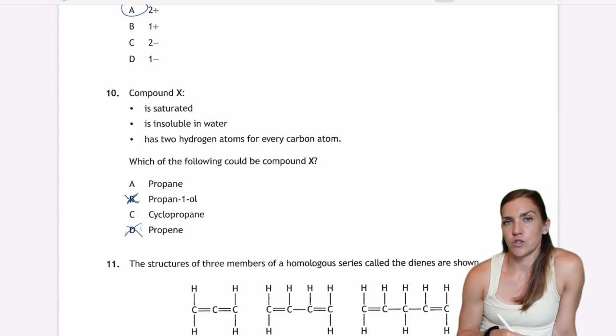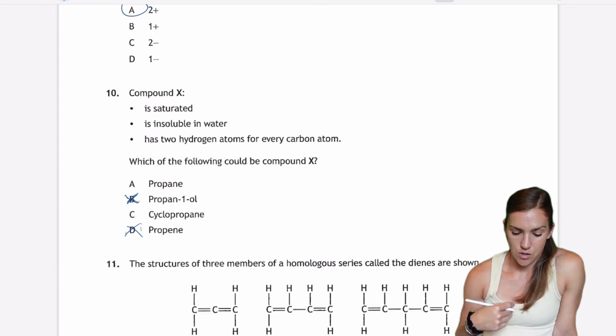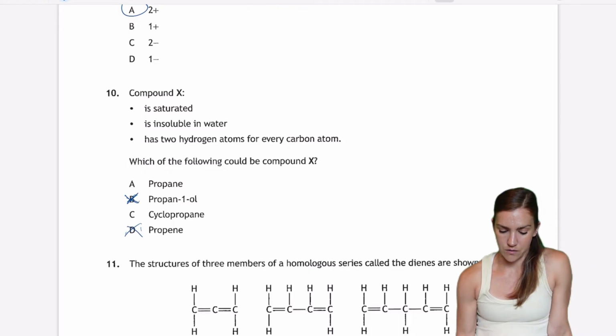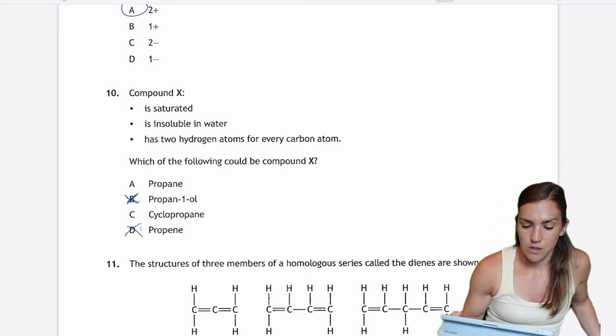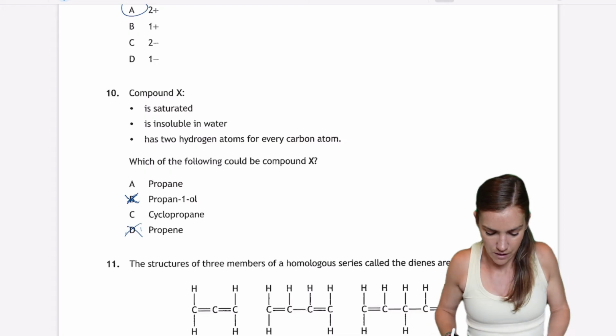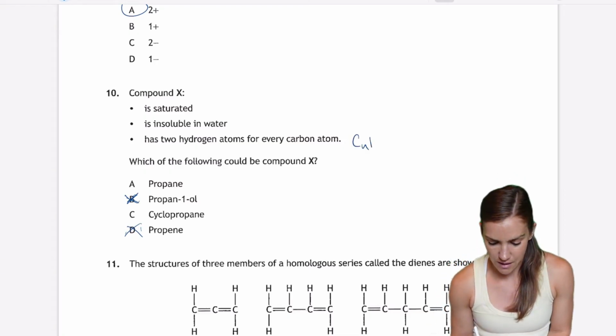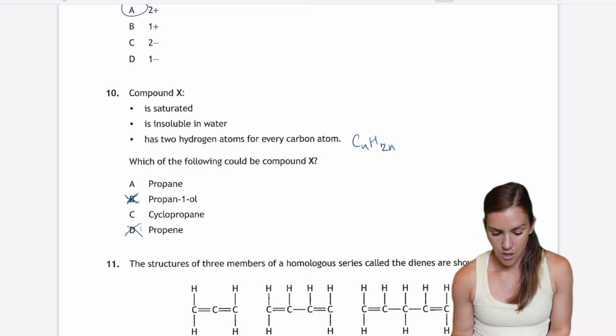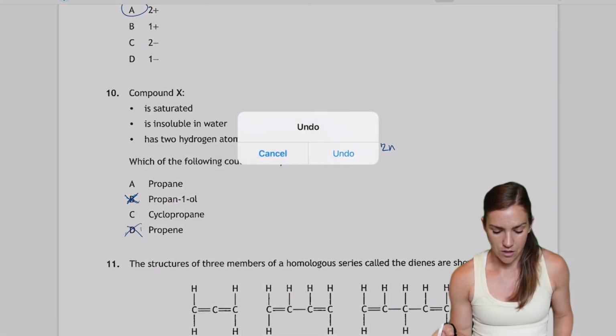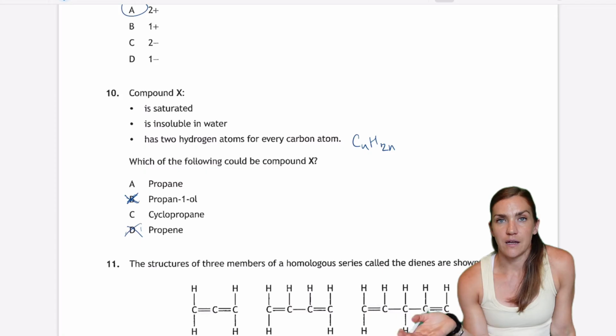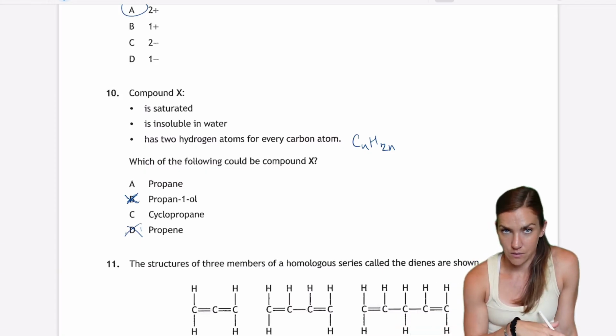If you weren't sure on the solubility part of it, the last statement kind of gives you the answer you need anyway. So it has 2 hydrogen atoms for every carbon atom. That means that it's essentially fitting the formula CnH2n. So that is the general formula for alkenes and cycloalkanes.